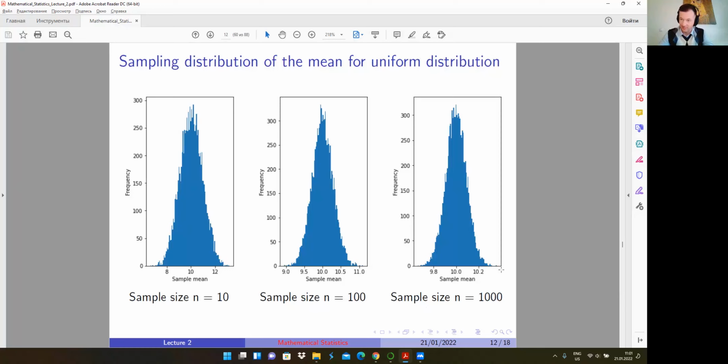So, has anybody remembered how do we call the distribution of this shape? Come on, guys.